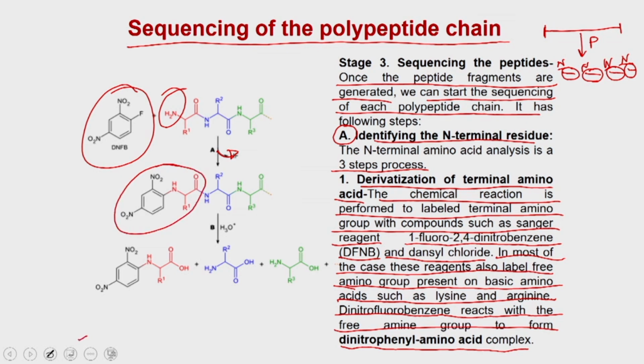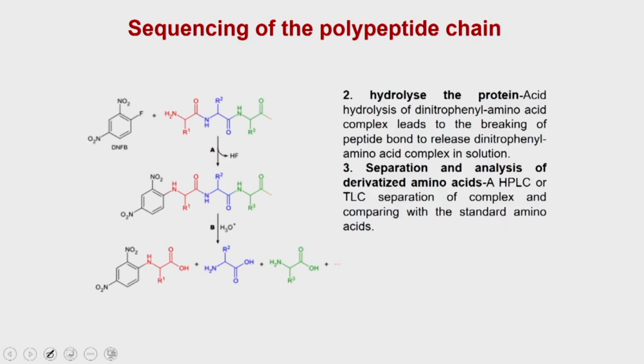Then you move on to the second step. In the second step, you will hydrolyze this particular peptide complex. Acid hydrolysis of the dinitrophenyl amino acid complex leads to the breaking of the peptide bond.